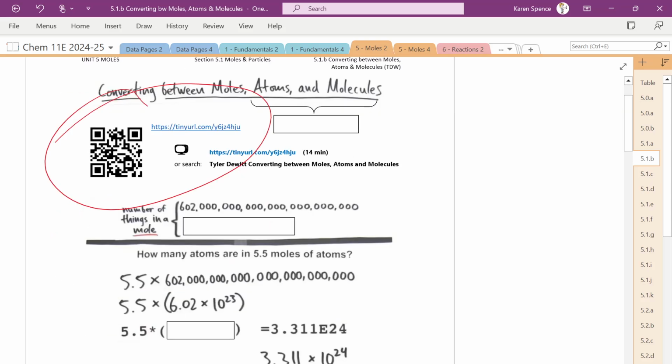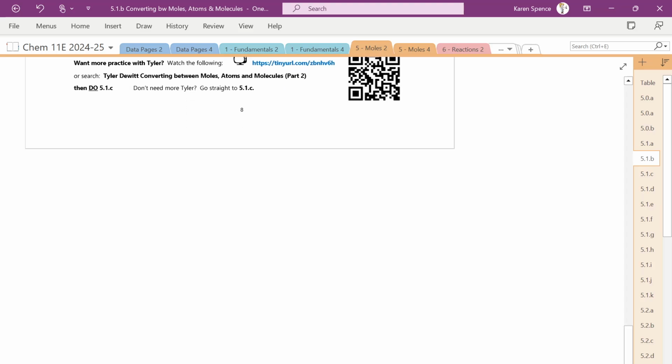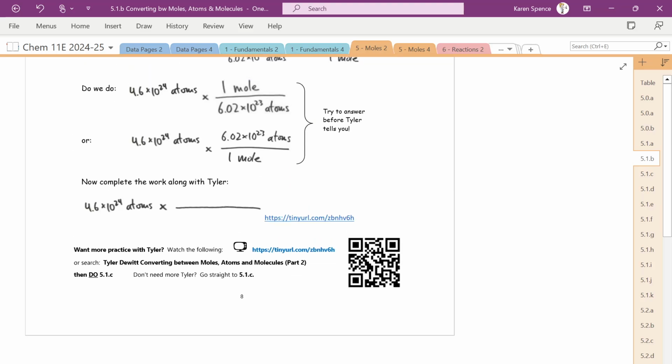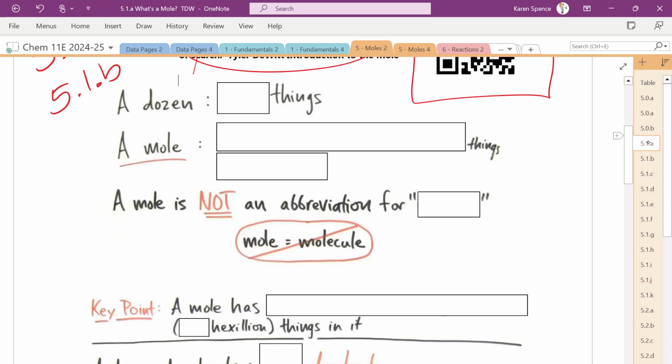All right? And you're going to go and fill it in, and there you go. Okay? And if you want to work ahead, you could do some 5.1C, but you don't have to. Okay? But 5.1A, 5.1B, that's your homework. And if you want to do 26 and 27 on the Unit 1, you can.